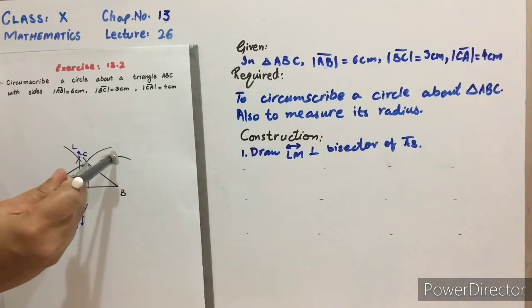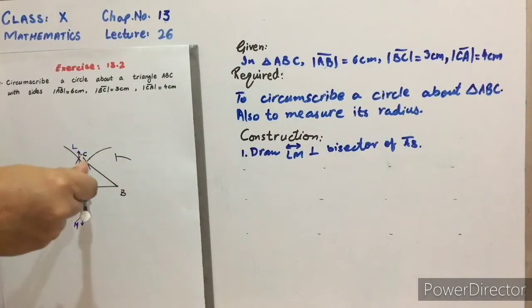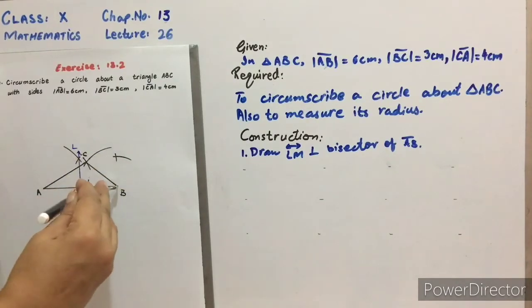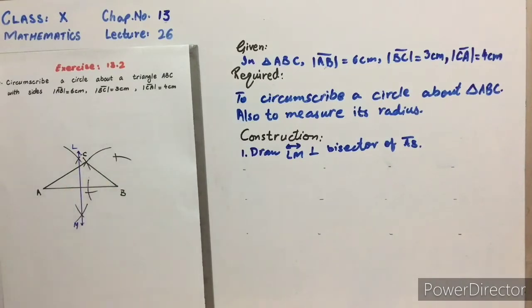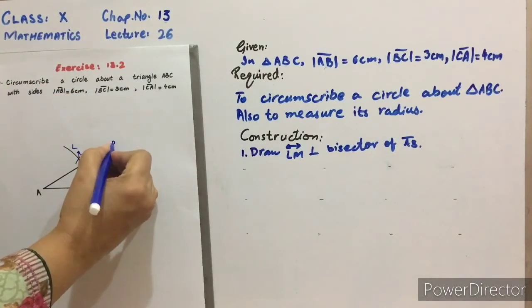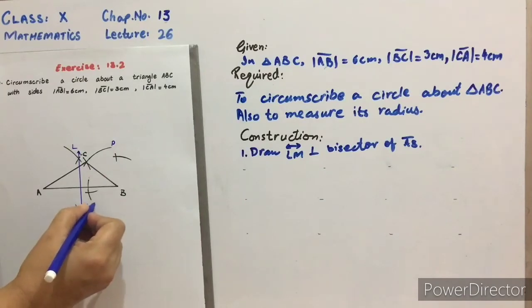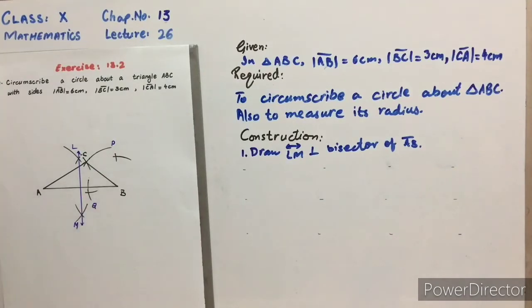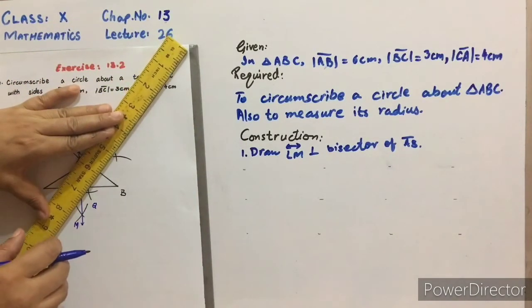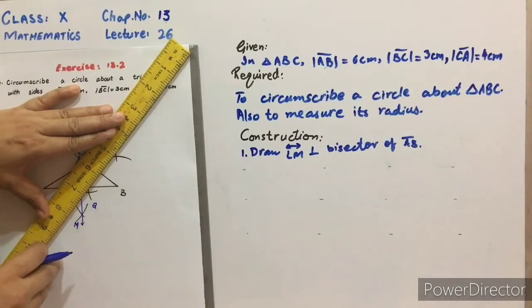Now taking B and C as centers, mark arcs which will intersect each other at 2 points, say P and Q. Now join these 2 points.